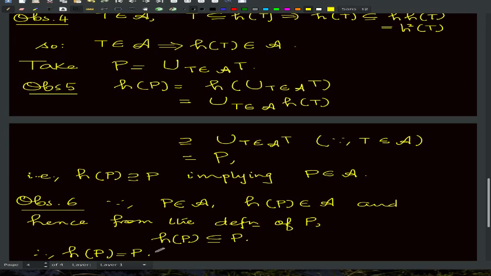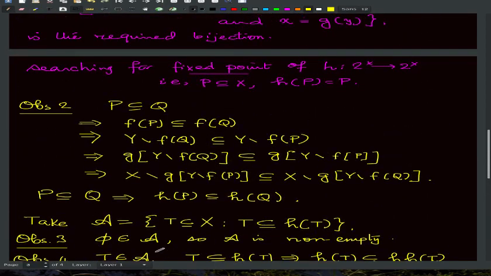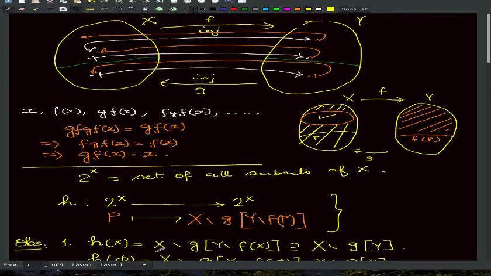So the idea is to find a fixed point of a certain function, and the reason starts from here, which again stems from here. And that completes the proof.